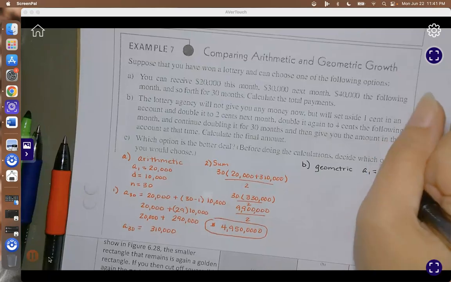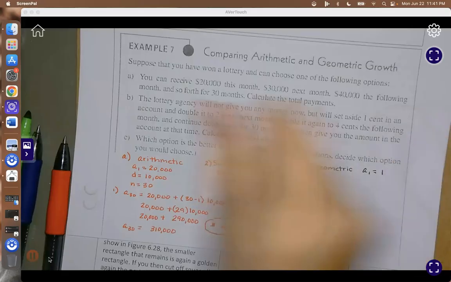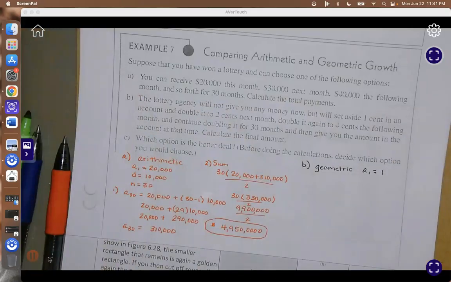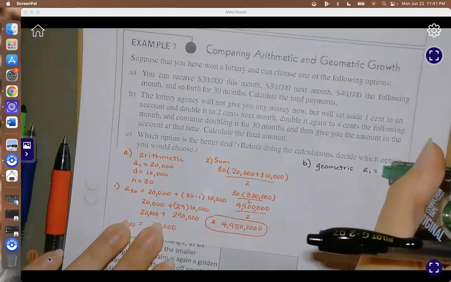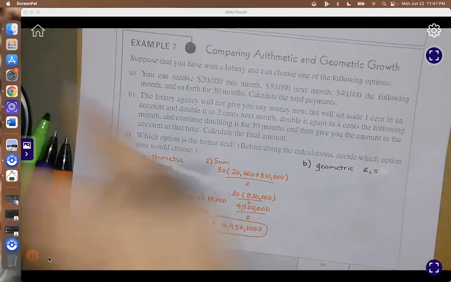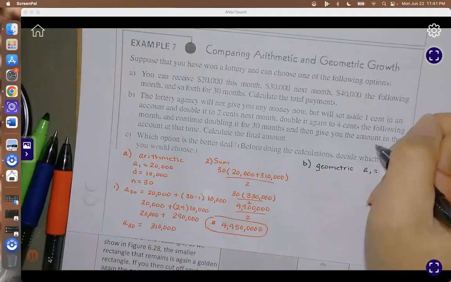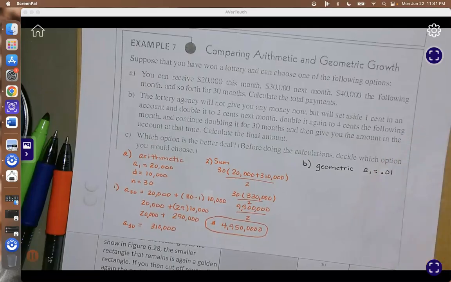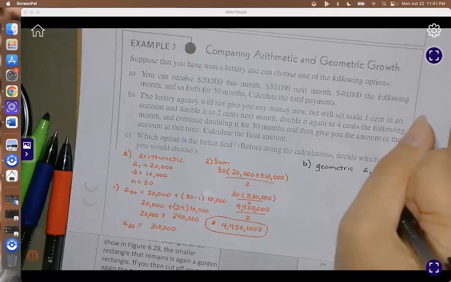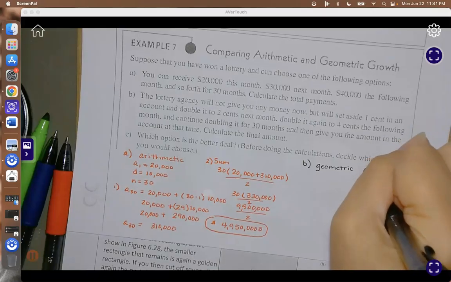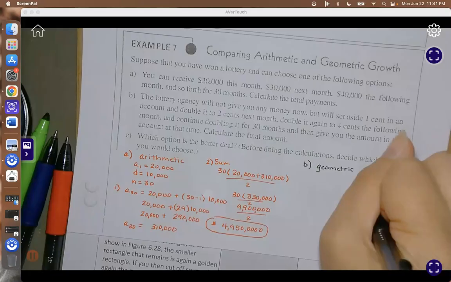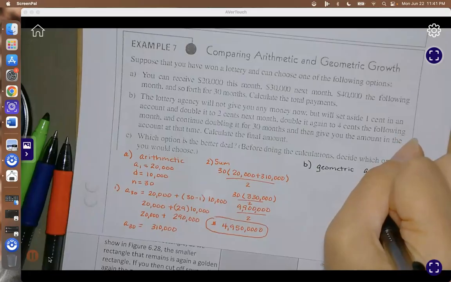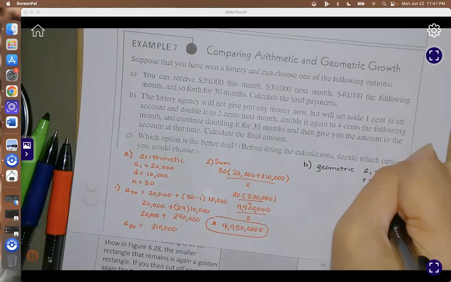Okay, this should actually be 0.01. So I'm going to have to calculate this one. $0.01, and the ratio is it doubles, and the number you want is 30.